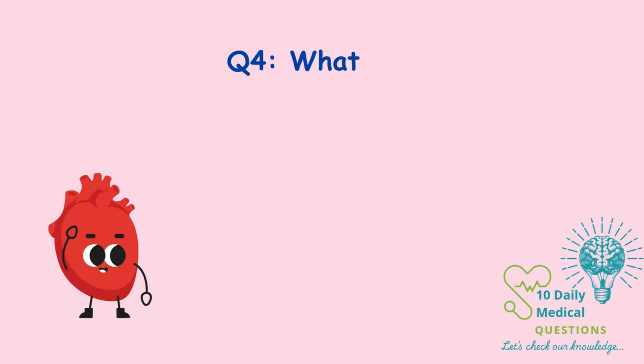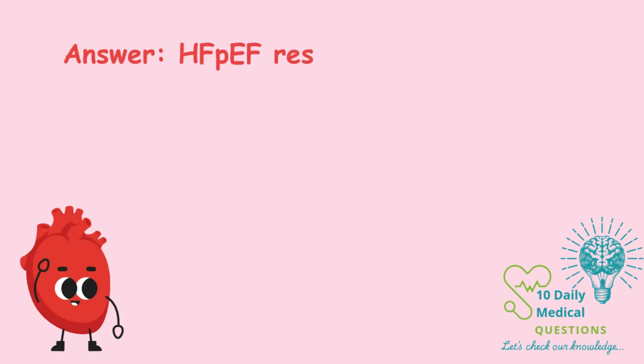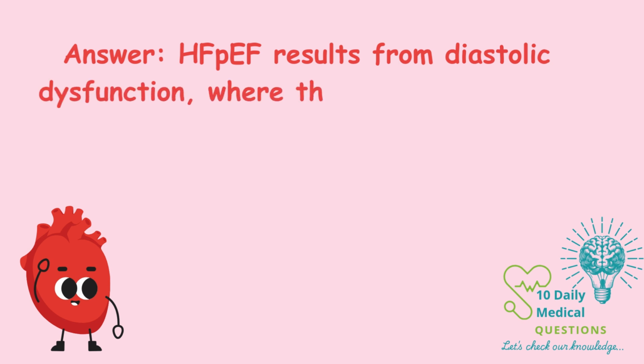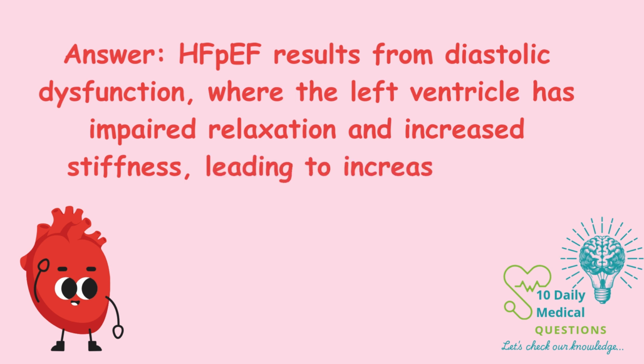Question 4. What is the primary pathophysiology behind heart failure with preserved ejection fraction? Answer. Heart failure with preserved ejection fraction results from diastolic dysfunction, where the left ventricle has impaired relaxation and increased stiffness, leading to increased filling pressures.